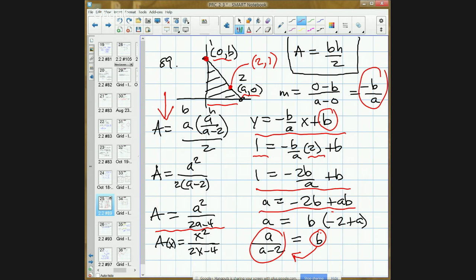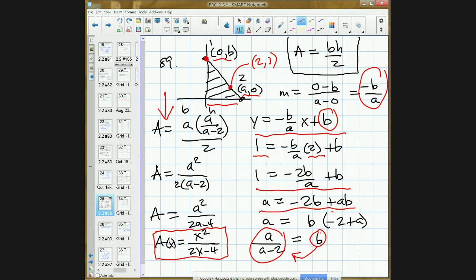you notice how, I mean, this is the point x comma 0. How far to the right did we go? So in this problem, x is the same as a. And so just write the same thing over, only this time put an x in it. We got it.